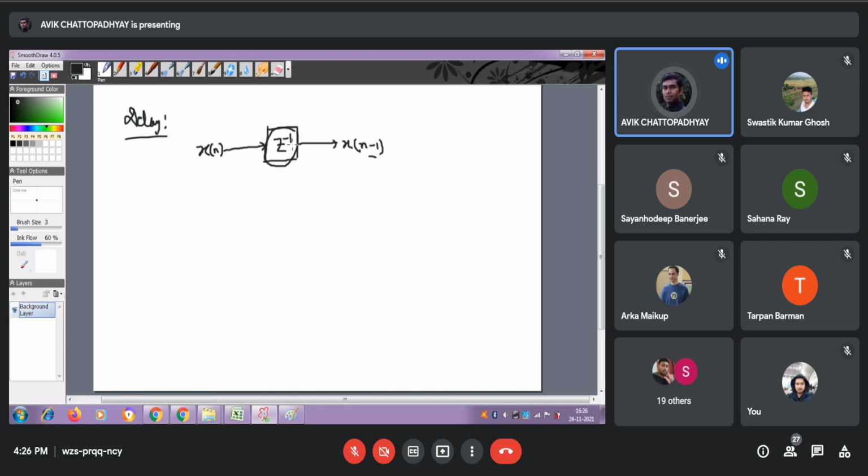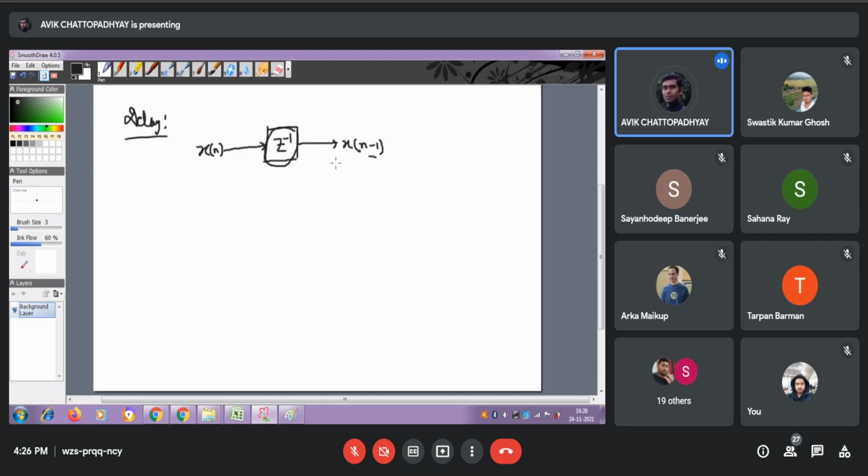There is no physical significance as far as hardware is concerned. But mathematically you can write it. If you want to advance the signal, you have to write plus here. By one sample means +1, by two samples means +2, and so on.